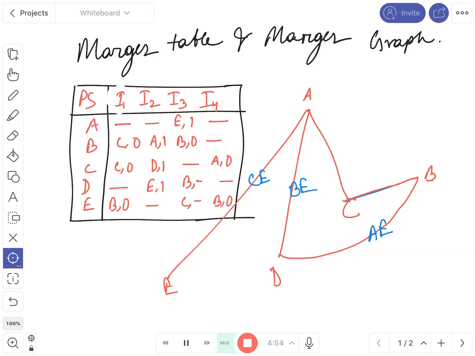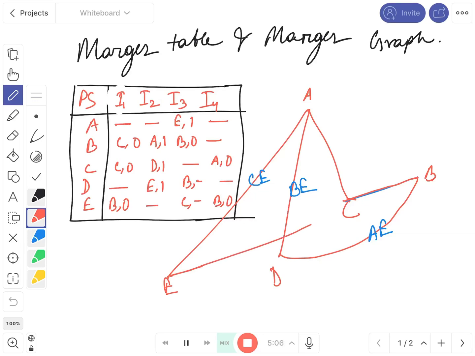So I have to draw a straight line from B to E, and its implied state is BC.